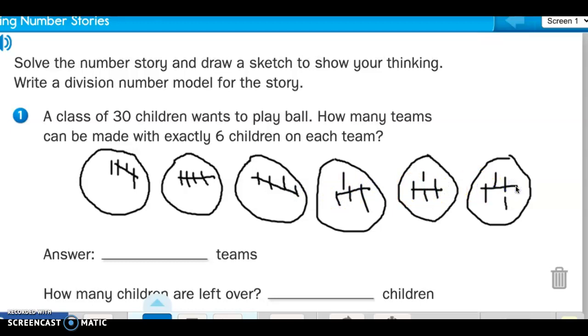So how many sticks did I put in each circle?